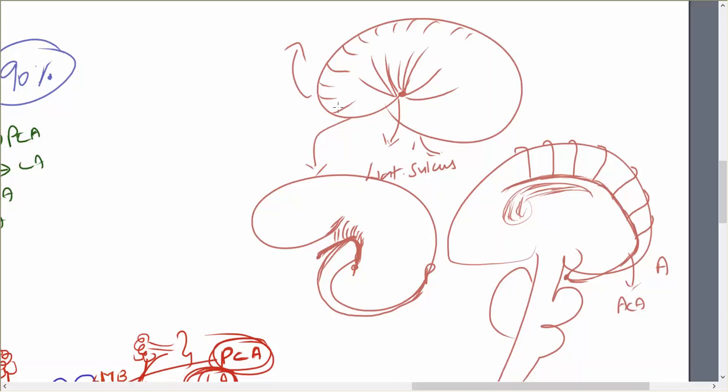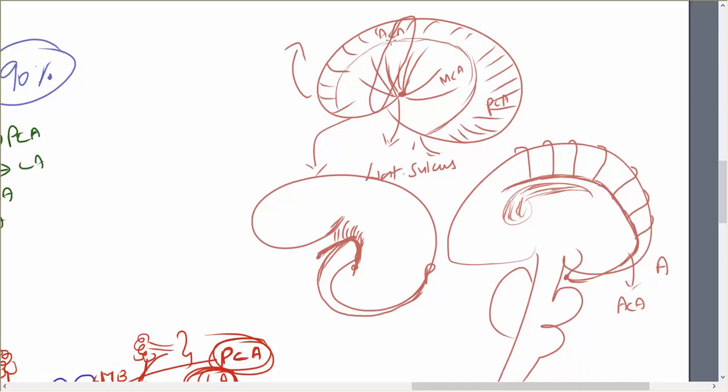So we have two zones which are supplied by the anterior cerebral artery, and this is the area the posterior cerebral artery supplies. So there are areas supplied by the middle cerebral artery, anterior cerebral artery, and posterior cerebral artery. And this is the area called the motor area.